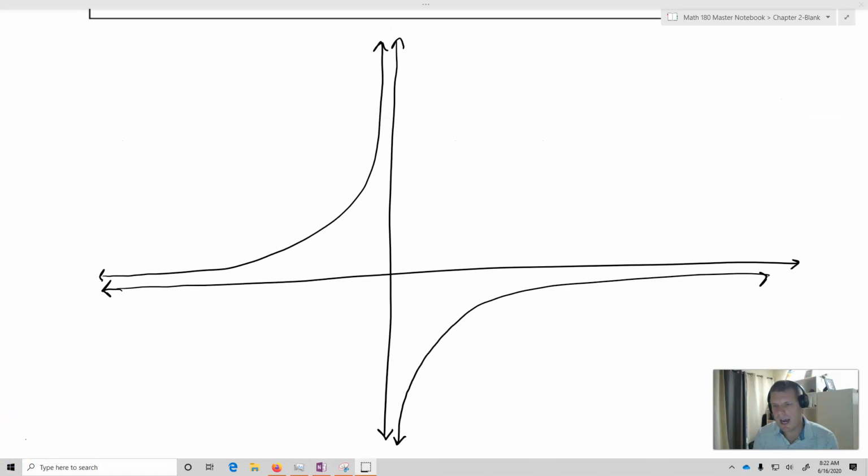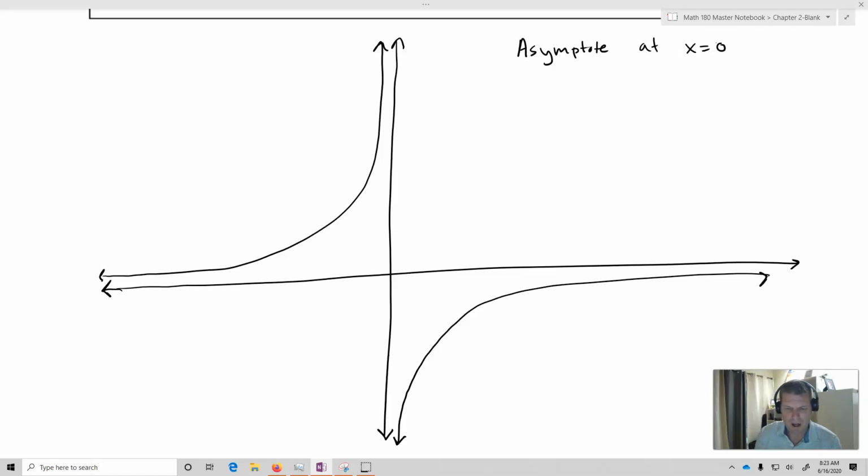So let's take a look at a graph like this. Clearly there's an asymptote at x equals 0. That's a problematic point. So this is not going to be continuous everywhere, and we'll talk about continuous everywhere in a minute.